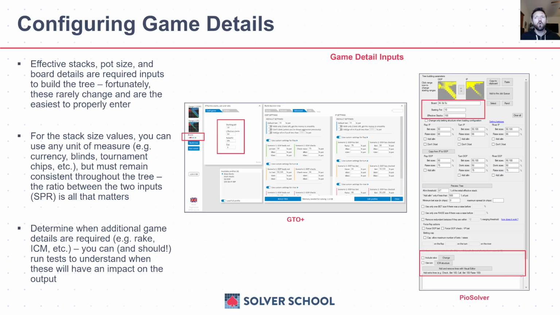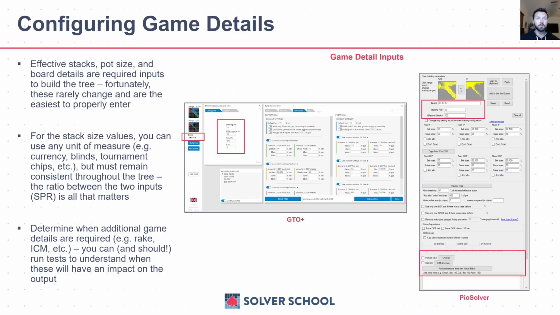In this case here, we also want to determine when some additional game details are required. So things like rake or ICM. We can and we should run tests to understand when these will have an impact on the output. I get asked this question a lot: when should I enter rake into my calculations? We'll go through an example of this, but if rake is a significant portion of the pot size, or it can be a significant portion of the pot size, then I highly recommend that you utilize rake in your calculations.